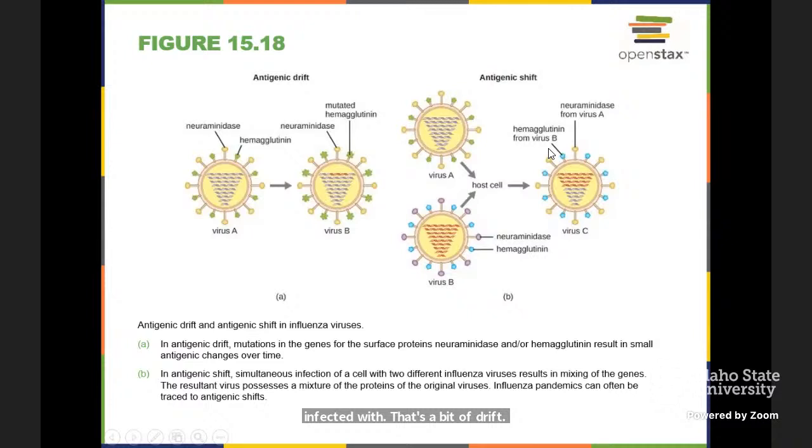The next one is more change. All right. Antigenic shift. There are definitely potentials when you become infected that you could be infected with a couple of different influenza viruses. Why not have two, right? You could. So here, infected with both virus A and virus B, both influenzas. And as you see, their surface spike proteins are different.